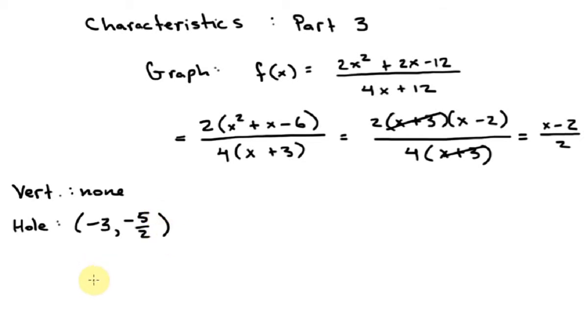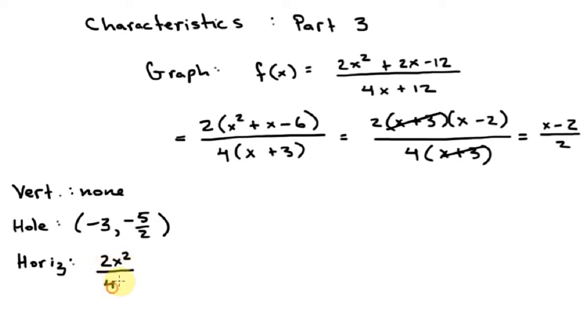Next thing we want to do is look for any horizontal asymptotes. Okay, so we look at maybe the original function here, and it's pretty clear that it's a second degree on top and a first degree on the bottom. And that means essentially you have this sort of thing happening.